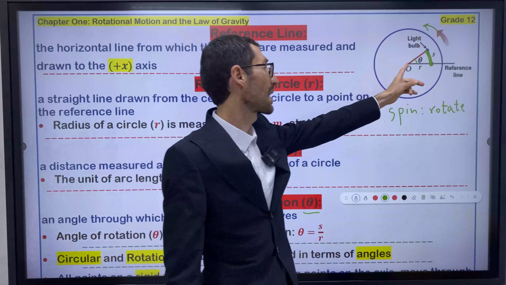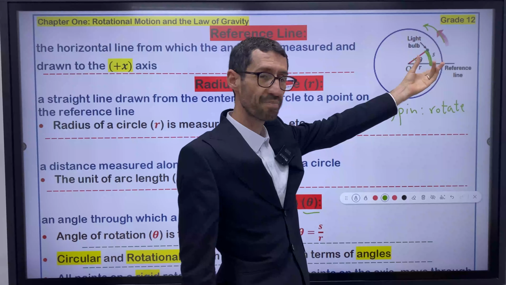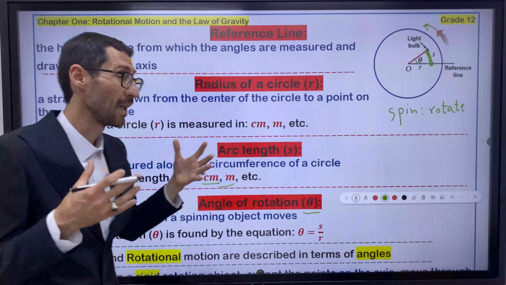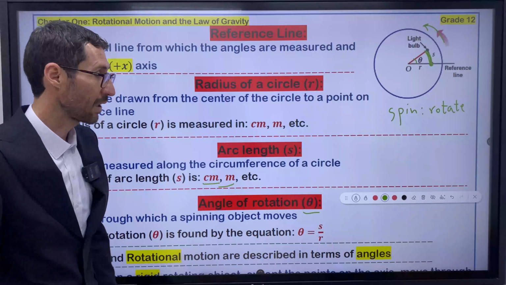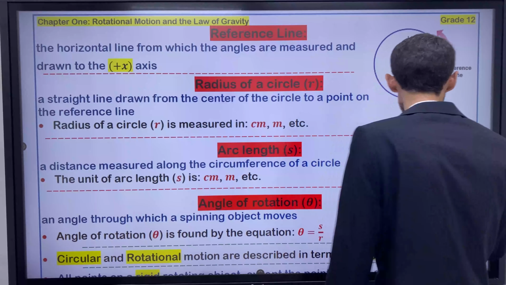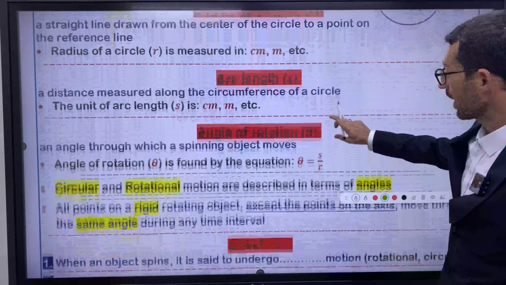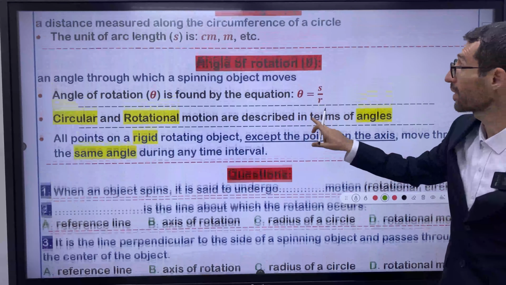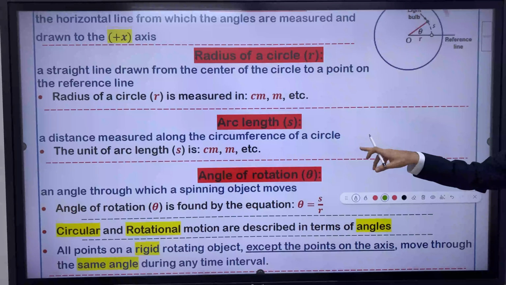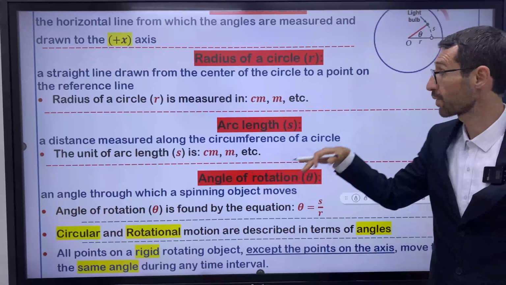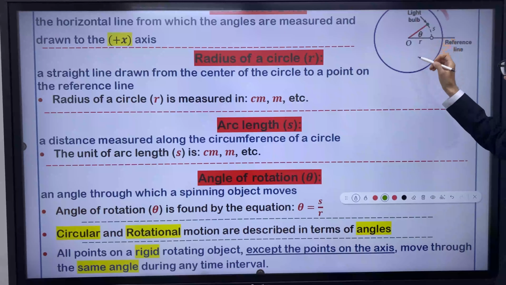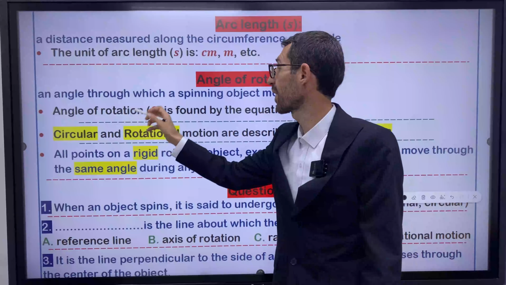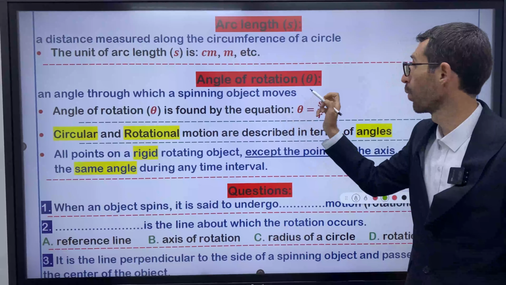I can say theta and S are connected to one another. Let me read other information. I told you angle of rotation is important, and I explained something in advance without reading the definition for you. This is the angle of rotation, right? Let me read the definition. It says, an angle through which a spinning object moves.